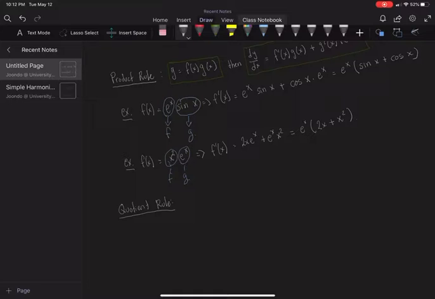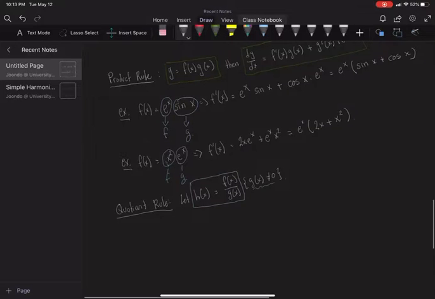Let h of x be f of x over g of x, where g of x is not equal to 0. So let h of x be a rational function, if we say mathematically, where g of x is not equal to 0, because we would have an asymptote making it discontinuous and it will not work.